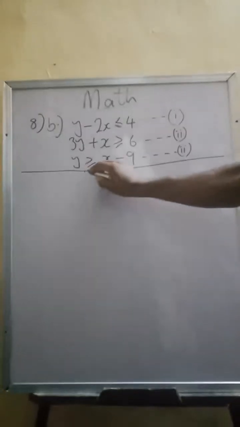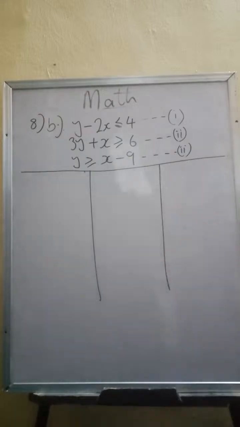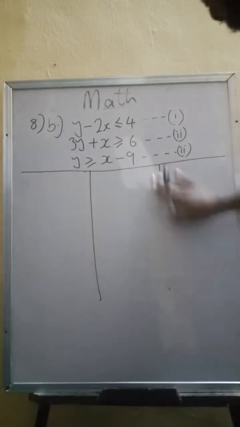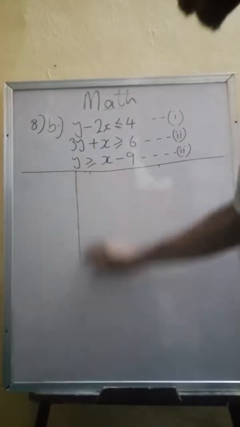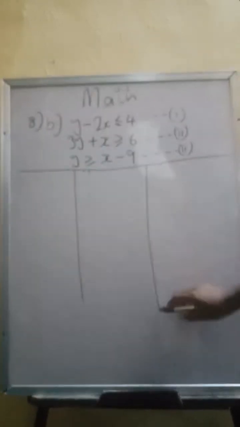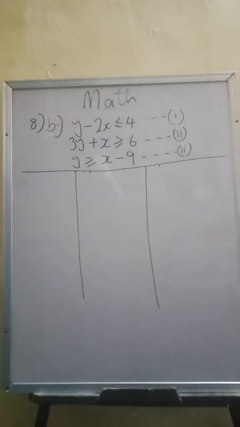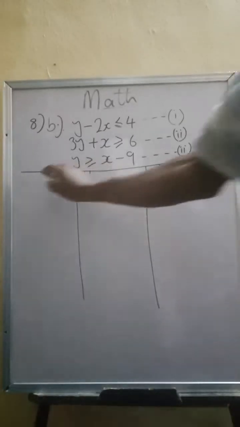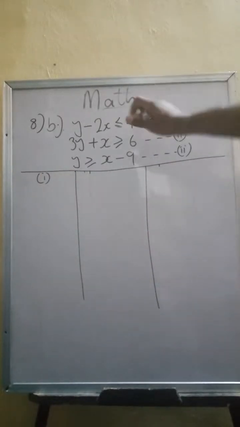We have this column for one of them and this column for the other. Okay, for the first, we've identified the nature of the line.